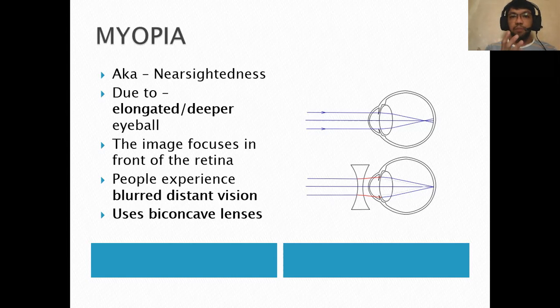For nearsighted people like me, we are able to focus objects that are near to us. But for objects that are far away from us, they would appear blurry.